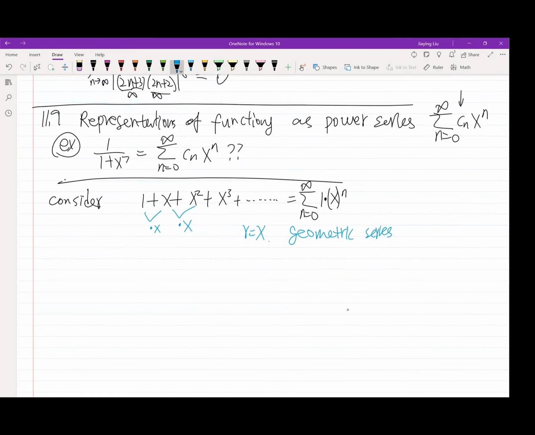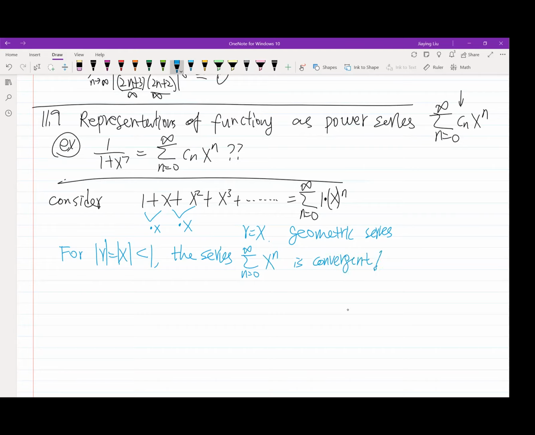But we do know that for the absolute value of r, which is the absolute value of x, less than 1, if the absolute value of the ratio is less than 1, the series sum of x to the n from 0 to infinity is convergent.